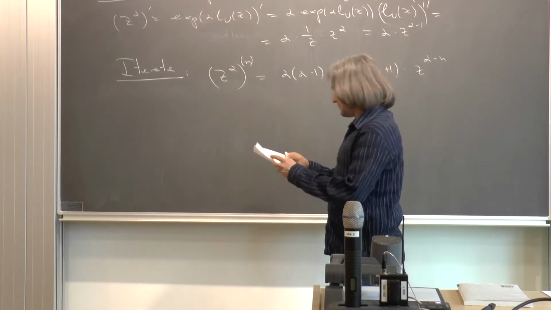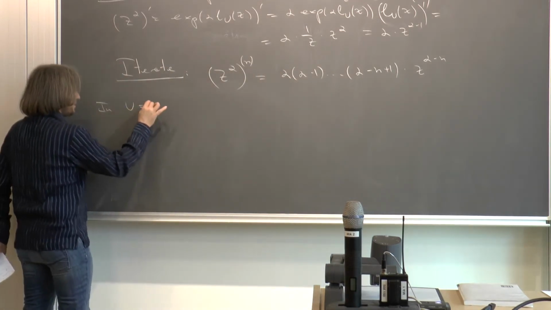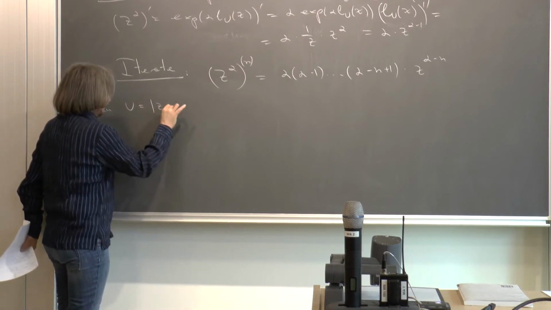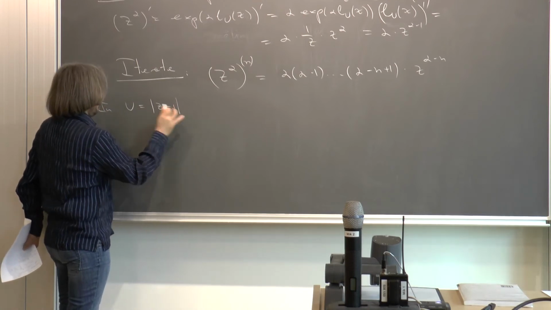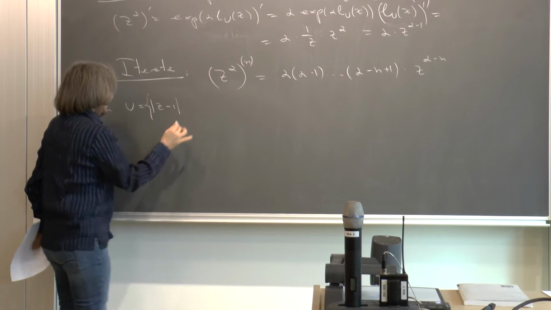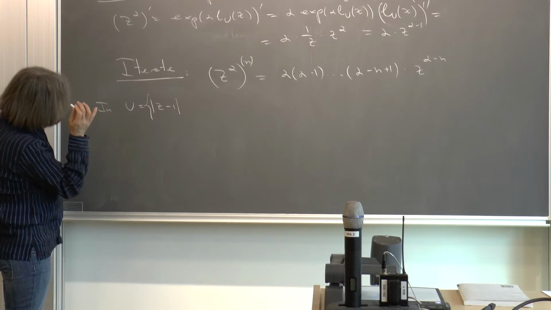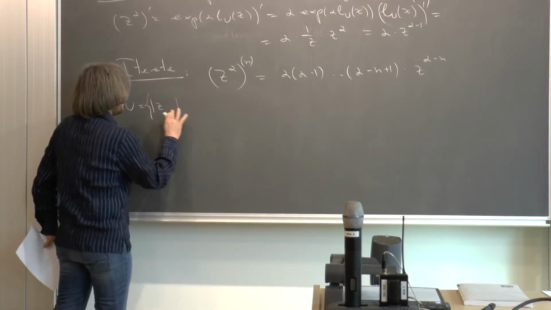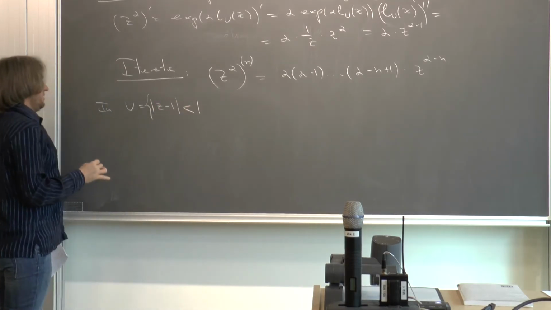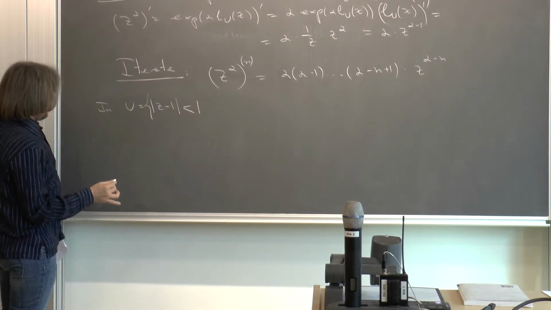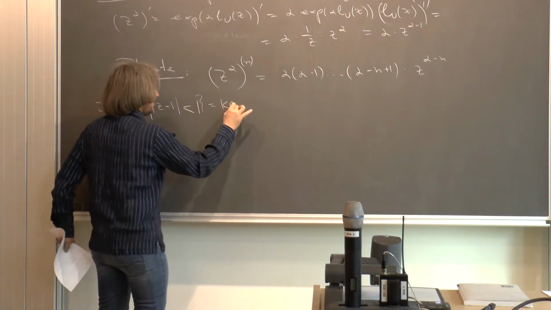So having this in mind, we can write, in U being just, yeah, so I need to decide. So let's say that it's like this. Okay, so it's a circle around 1, this is the disk K of 1, 1.